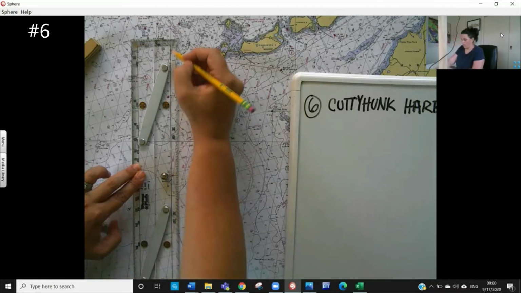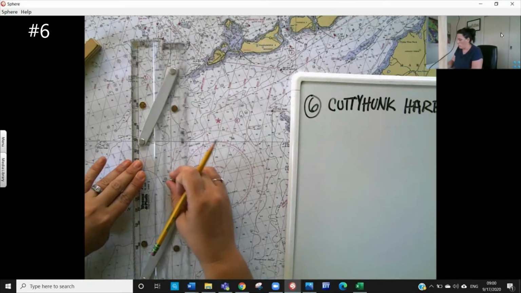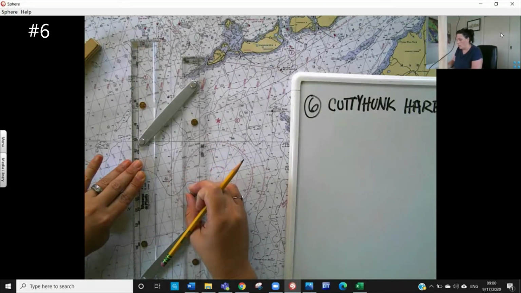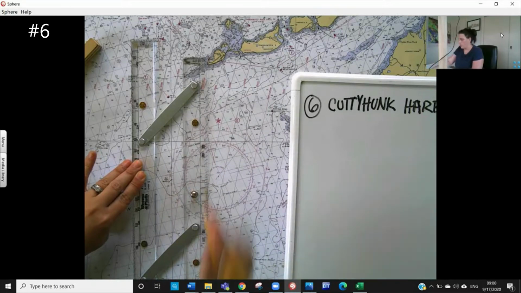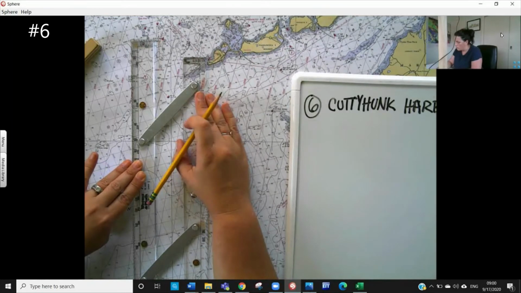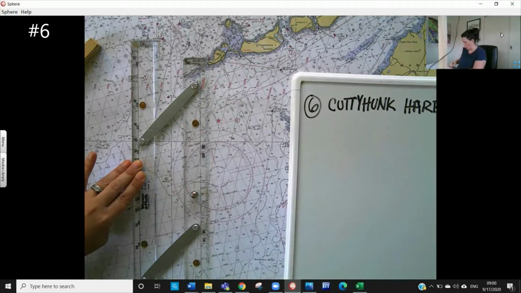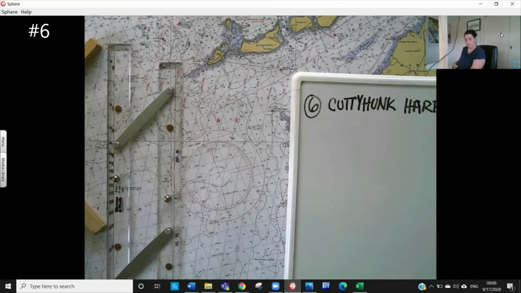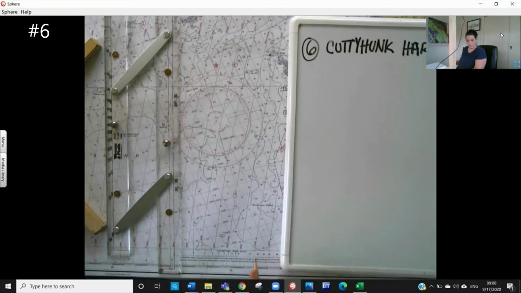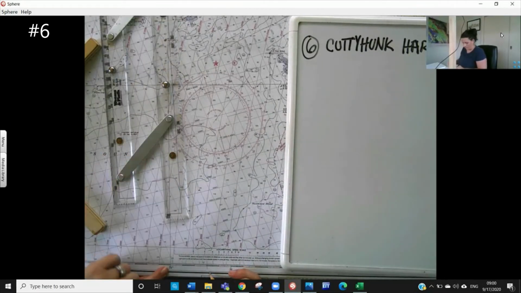Okay, so I have my longitude line lined up on my meridian, and then I'm going to move my parallel until it just hits where that light is, right about there. Right there. And now I can move all the way down to the bottom, and I'm drawing a little line. I know you can't see that. Here's my line. Just drew in my little line there.